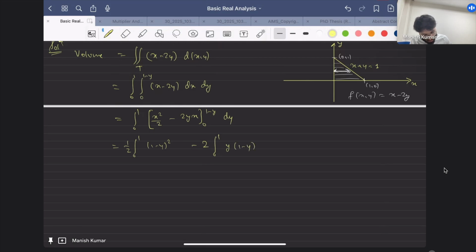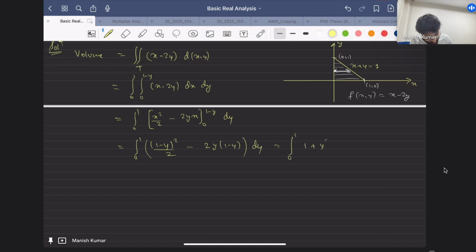I think it can be clubbed together, so it should be clubbed: (1 minus y) squared by 2 minus 2y(1 minus y). Now you just have to simplify it.